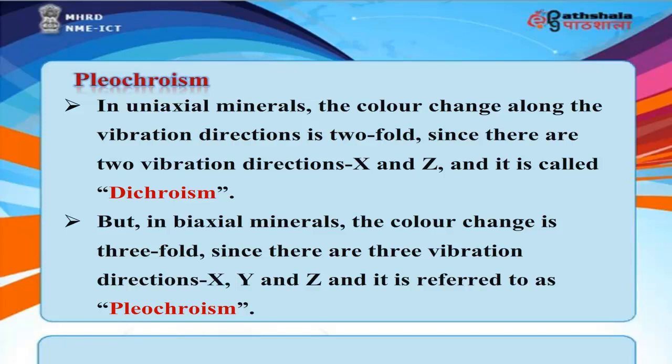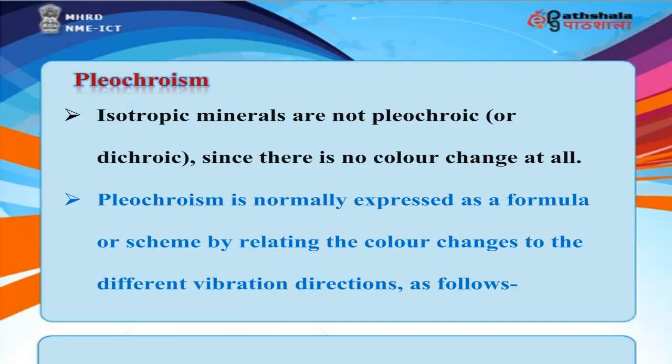But in biaxial minerals, the color change is threefold, since there are three vibration directions, X, Y, and Z, and it is referred to as pleochroism. Isotropic minerals are not pleochroic or dichroic, since there is no color change at all.